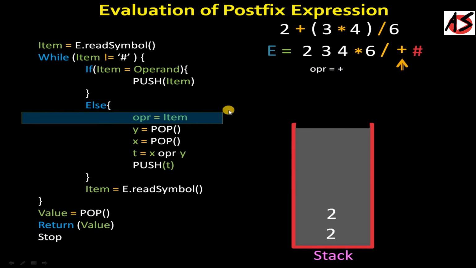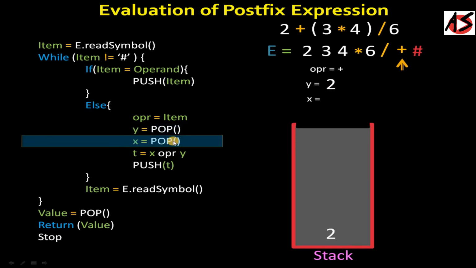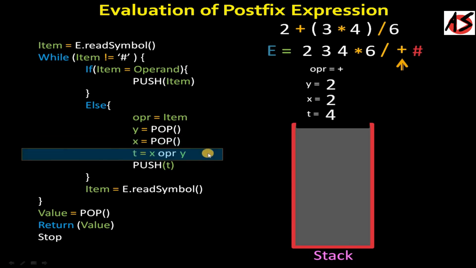Now we have a y variable, so we will pop the entry, that is 2. So now y is equal to 2. Similarly, x equal to pop the entry. So we will pop the topmost element, that is 2 here. So x is equal to now 2. Now you are taking t is equal to x operator y.